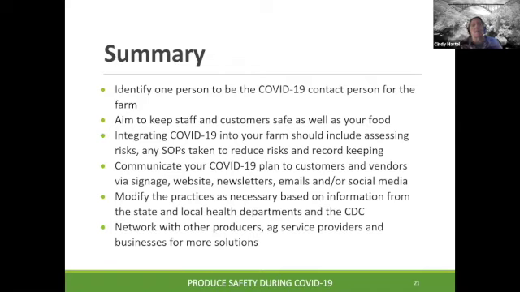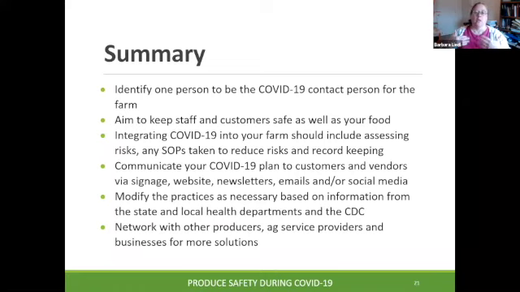So you need to consider yourself or a sole proprietor as the employee. So aim to keep yourself, your staff, and your customers safe, as well as any food that you are selling. That is really important.